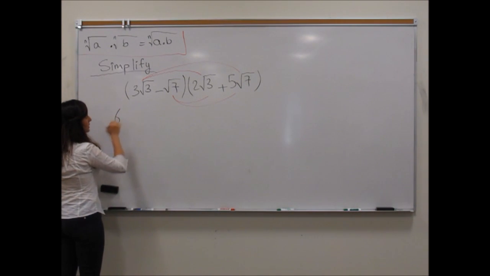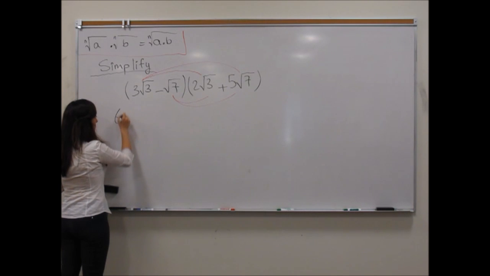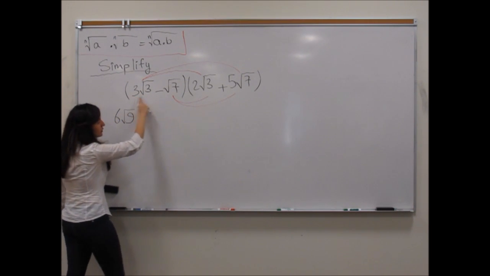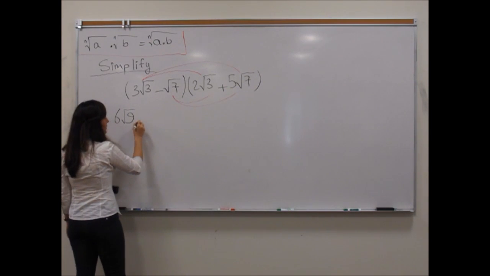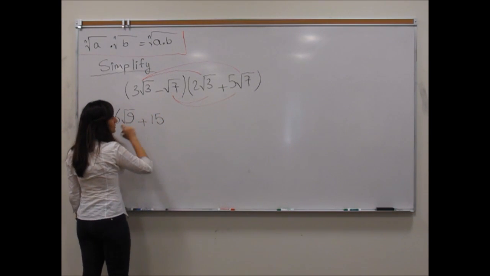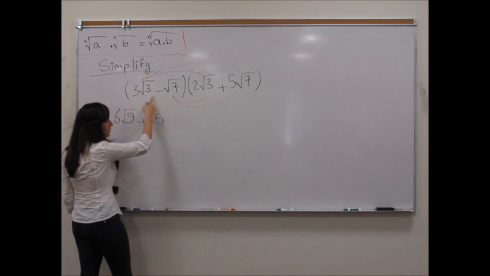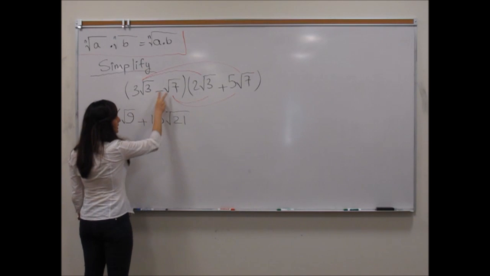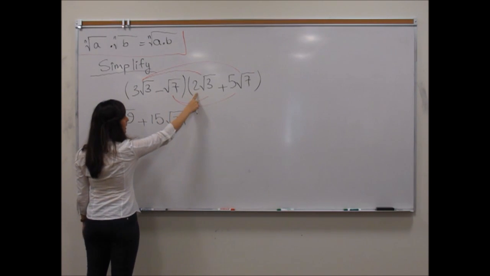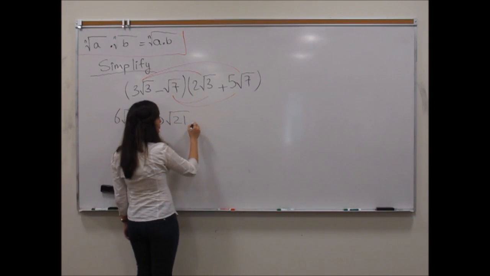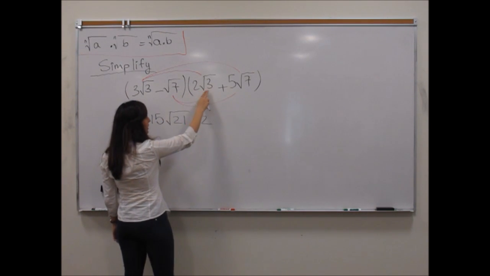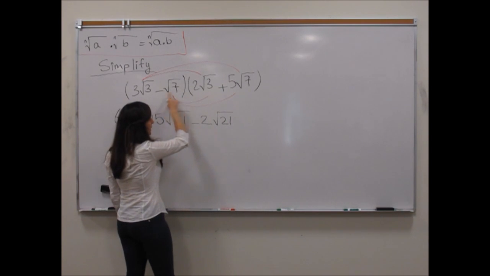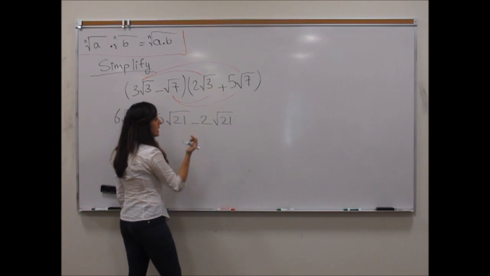Rad3 times rad3 is rad9. 3 times 5 gives me 15, and rad3 times rad7 gives me rad21, so 15 rad21. And then for the rad7, negative 1 times 2 gives me negative 2, and rad7 times rad3 gives me rad21. Negative 1 times 5 gives me negative 5.